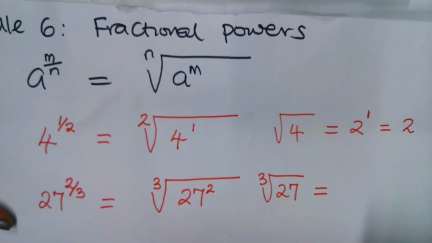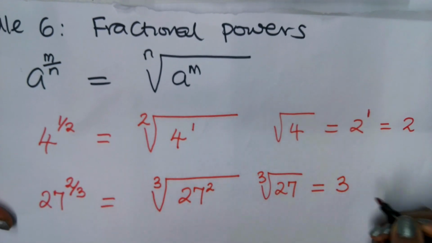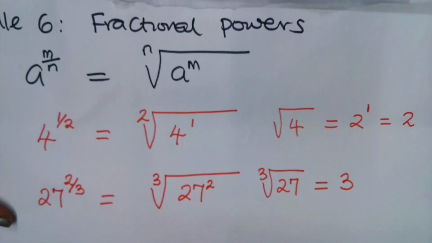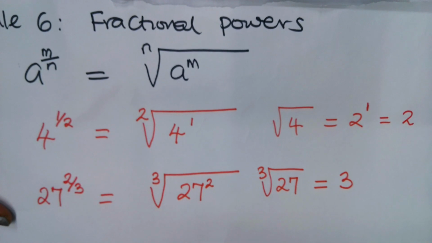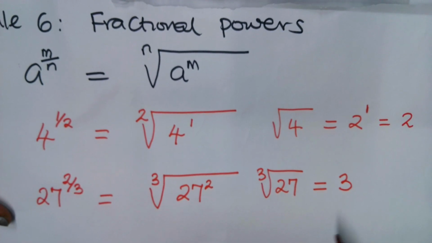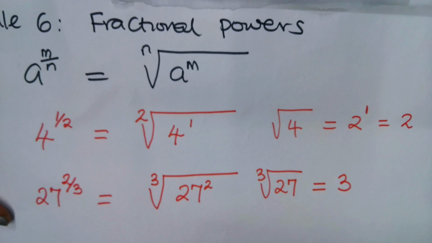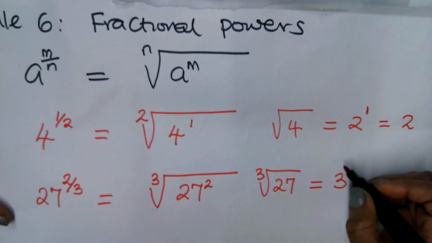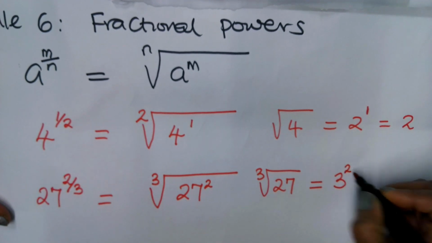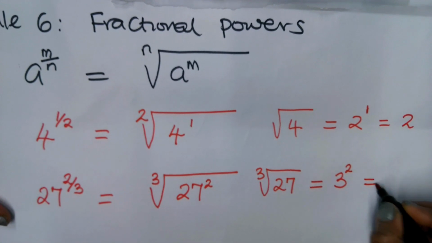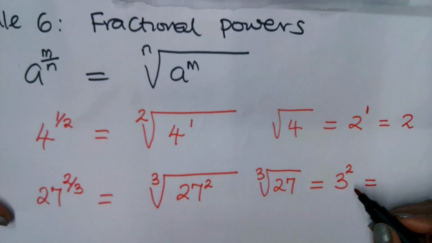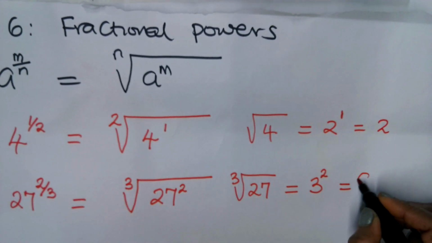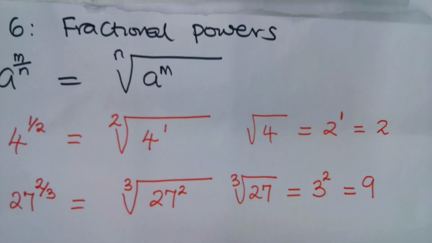Cube root of 27 is 3. You can also use your calculator to find out the cube root of 27. Because when you multiply 3 three times, that gives you 27. So now that I have found the cube root of 27, I'm now going to square. So if I square that, 3 squared is 3 times 3, which will give me 9.